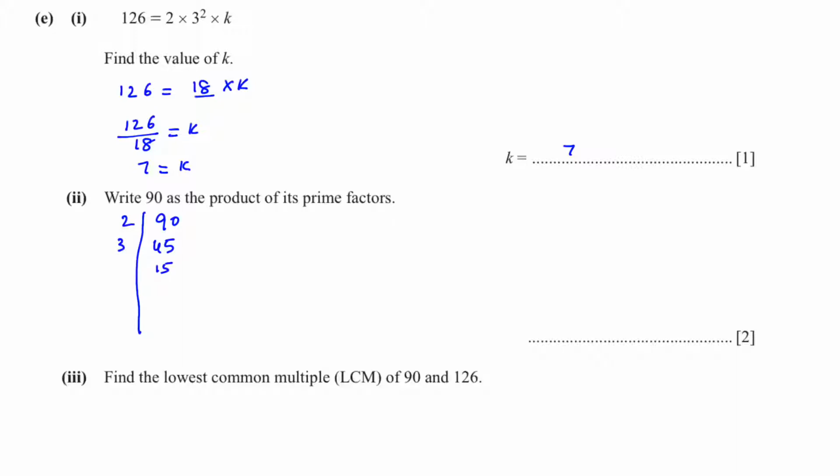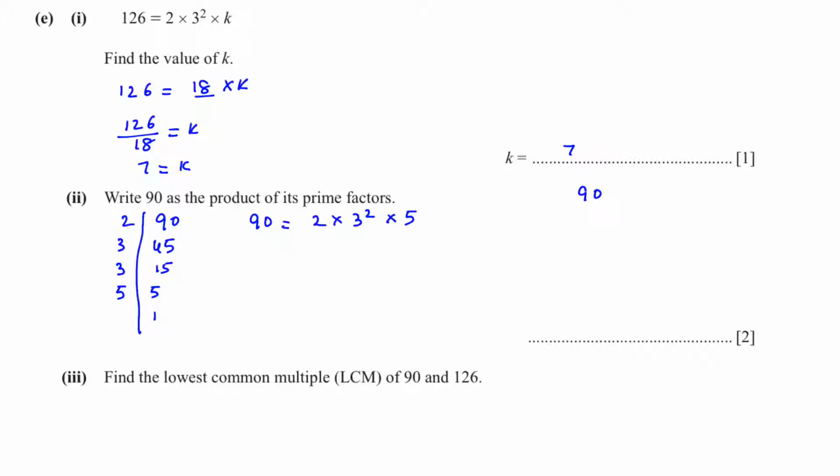I can still divide 15 by 3 to get 5. And 5 divided by 5 is 1. So 90 can be written as a product of 2 multiplied by 3 squared multiplied by 5. Or you can write it as 2 multiplied by 3 multiplied by 3 multiplied by 5.